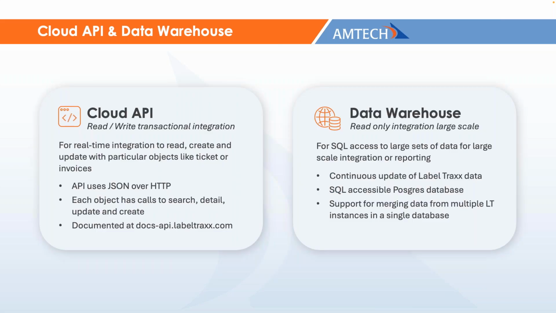And the two foundations for this new approach to integration are our cloud API and our data warehouse. The cloud API is an API that uses JSON over HTTP to do read and write transactions with the system.